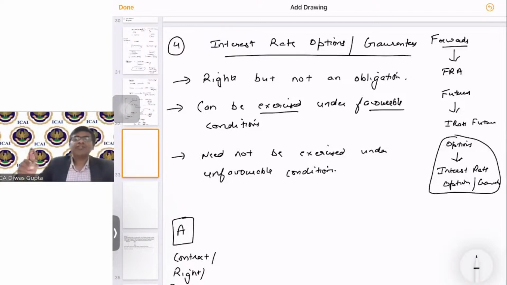If the conditions are favorable, for example, the price has gone up, your contract becomes favorable to you because it is helping you purchase something at a strike price which is not there in the market. Hence it can be exercised during those conditions. And if the conditions are unfavorable, it will not be exercised.